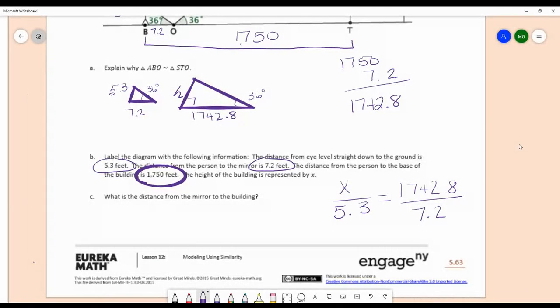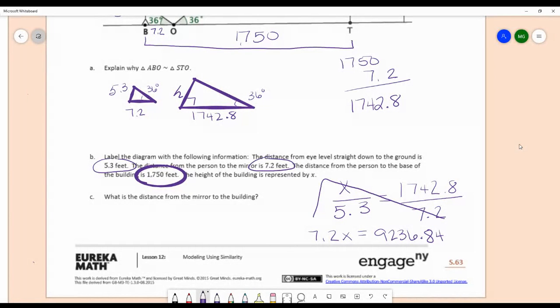And now we can do our bow tie, cross multiply. 7.2x equals 9,236.84.